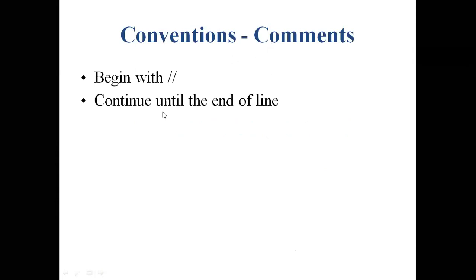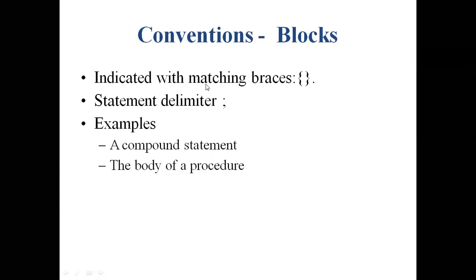Comments begin with a double slash and continue until the end of the line. Next, blocks are indicated with matching brackets, open bracket and close bracket, and statements end with a semicolon.